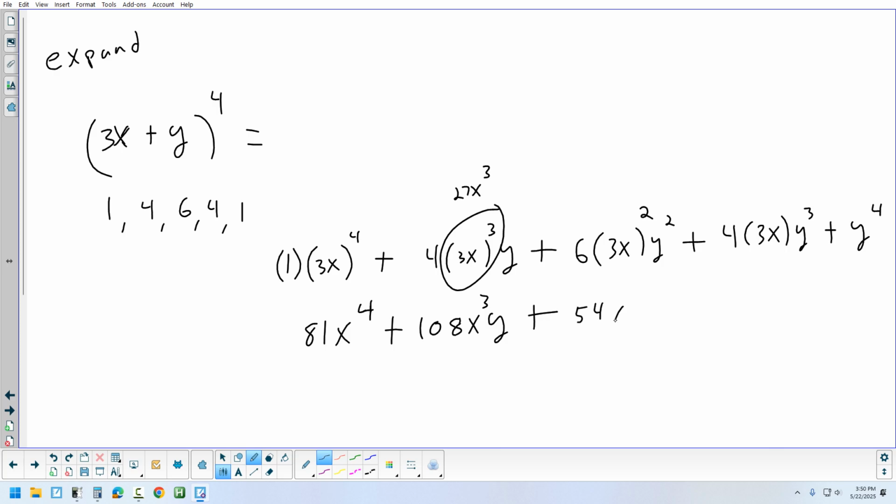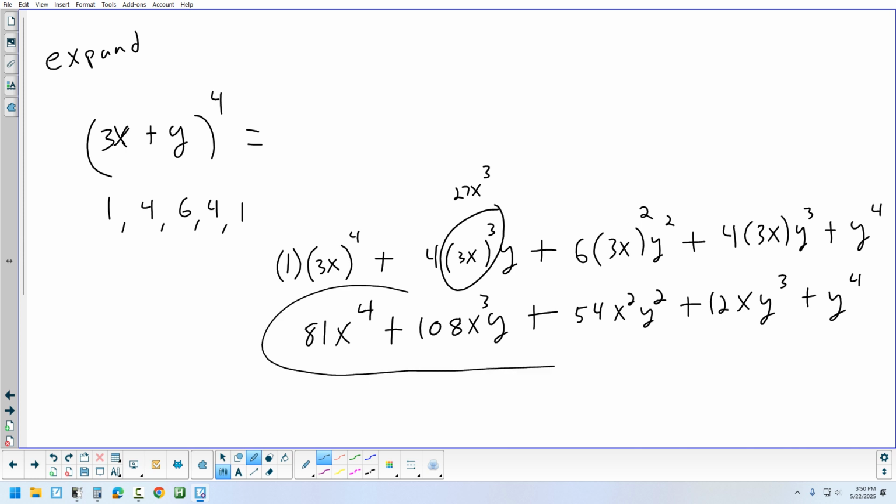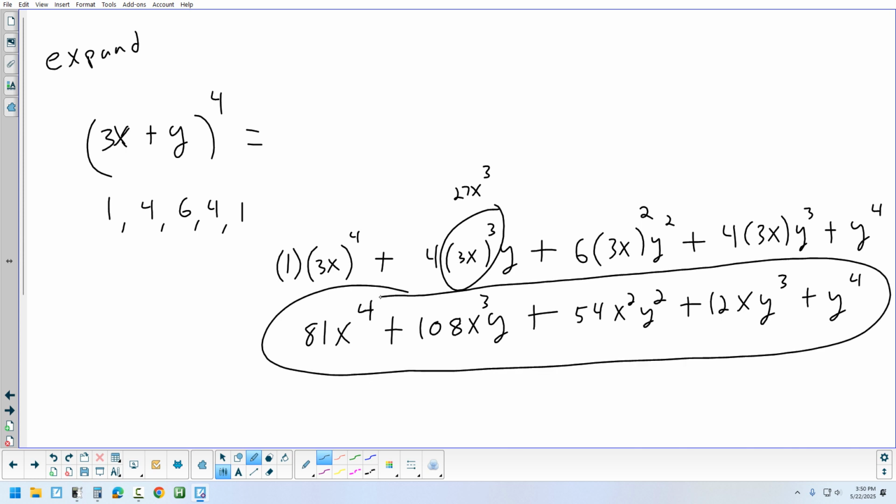Perfect. Okay, and the next term, 12xy cubed. And the last term, there's never really anything to do with that one. So if you were to FOIL that out and expand the whole thing, that would be the result.